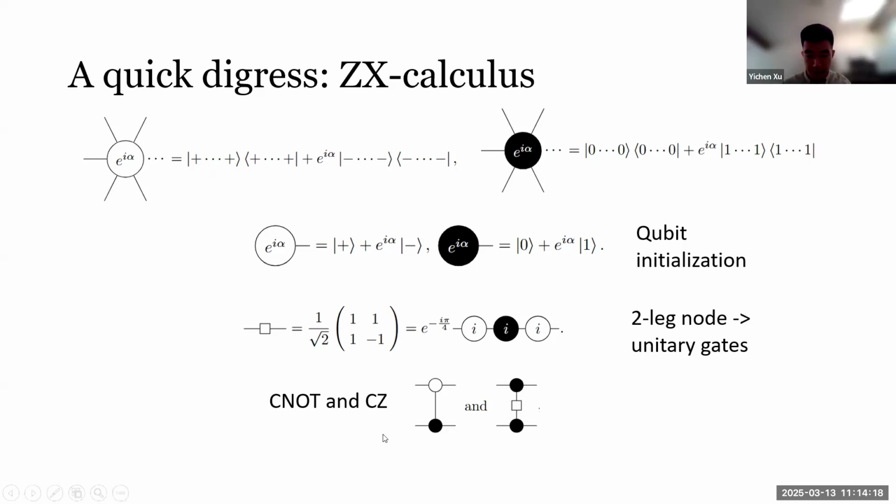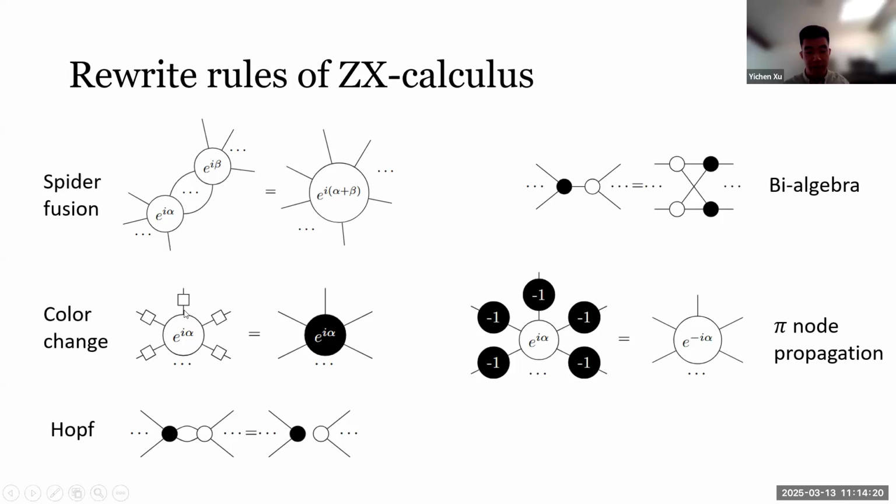The color change rule is really like: if there's one Hadamard gate here on the left-hand side, on the right-hand side I will have all the Hadamards except for the leg that used to have the Hadamard gate. So I can push the Hadamard gate from one leg to all the other legs. Similarly, the pi node propagation rule lets me push this pi node of Z from one leg to all the other legs.